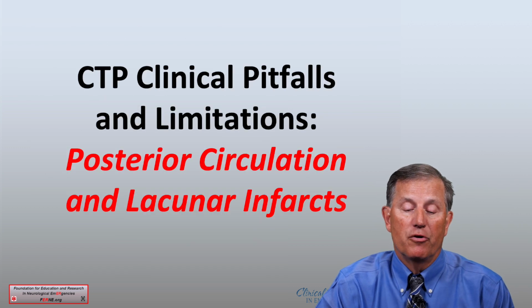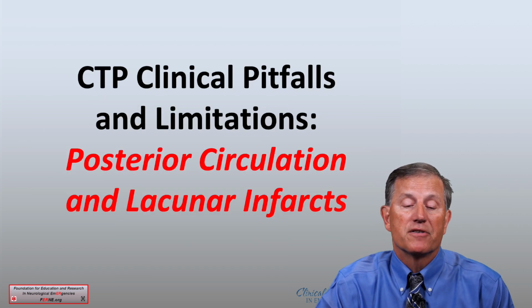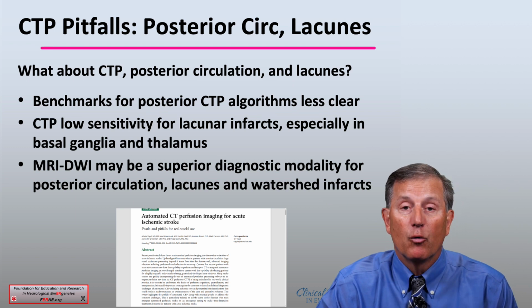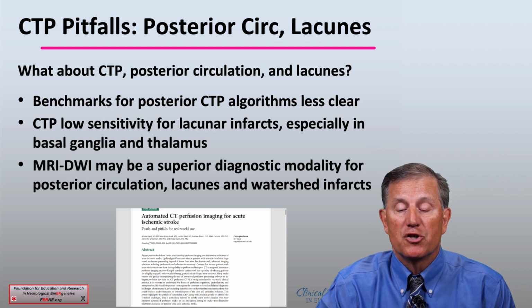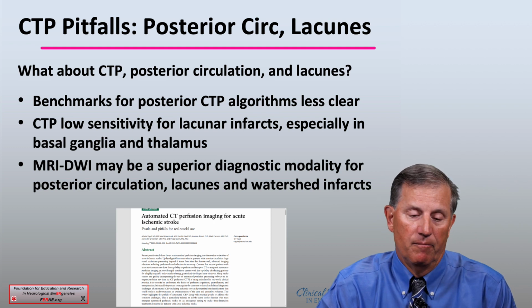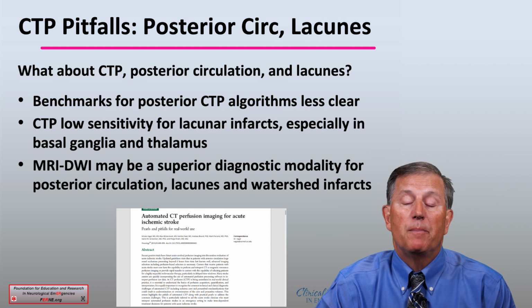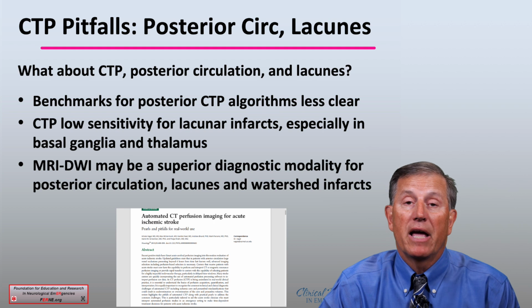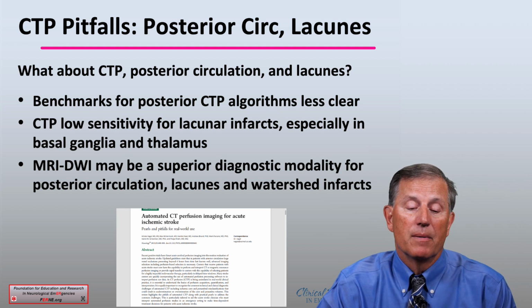What about posterior circulation and lacunar infarcts? We know that the benchmarks for the algorithms for understanding CTP in posterior circulation stroke are less clear. We also know that CTP has low sensitivity for lacunar infarcts, especially in the basal ganglia and thalamus.